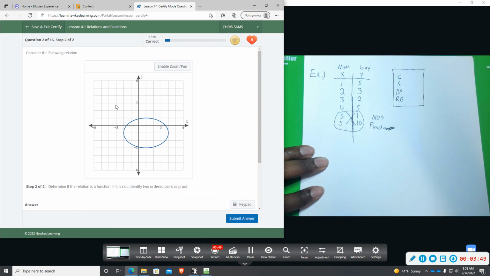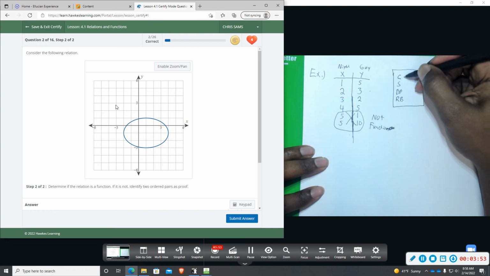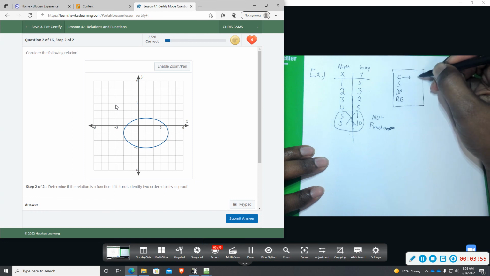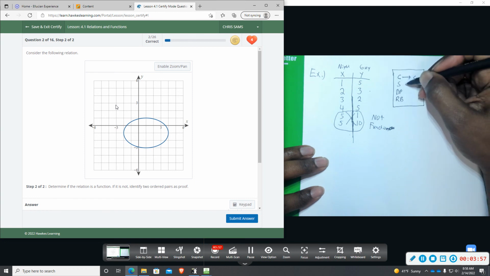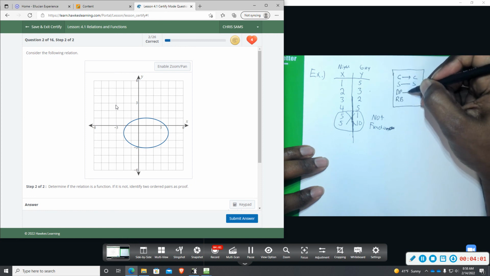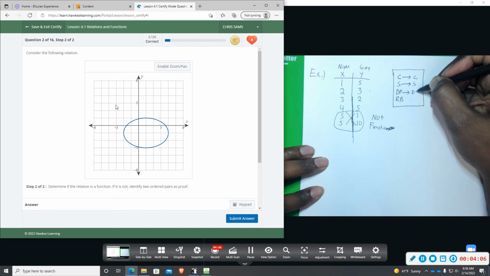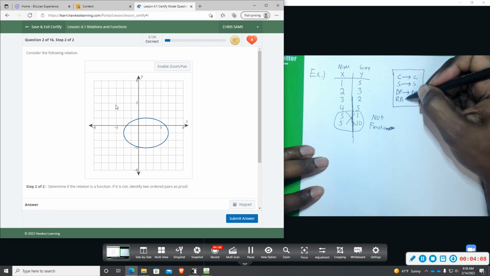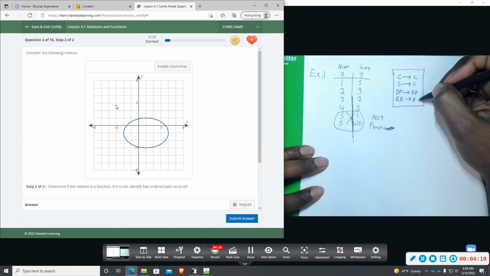Now this has happened a long time ago, but maybe not so much recently. When you press Coke, you expect a Coke to come out of the machine. When you press Sprite, you expect a Sprite. Same thing for Dr Pepper. And if you press root beer, you expect to get a root beer.